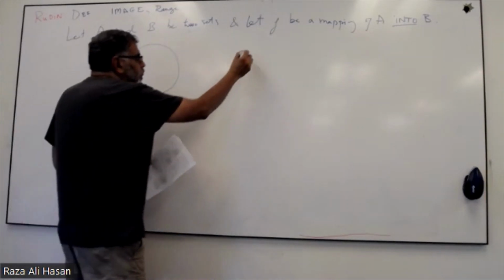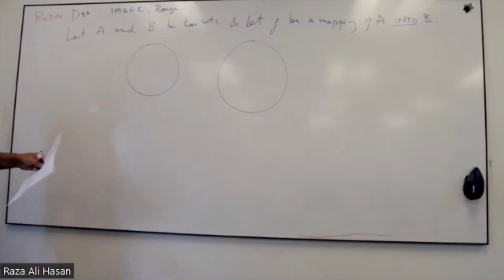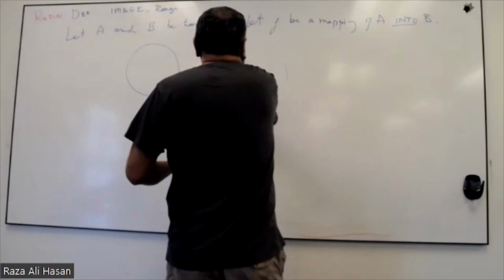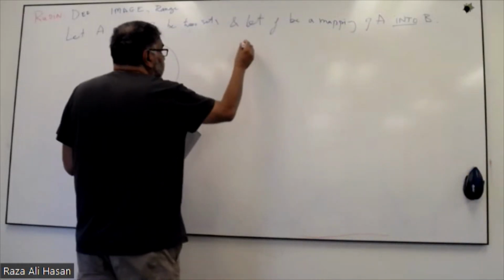Here's our A, and here is our B. Actually, this time I'm going to use colors. B is in red.